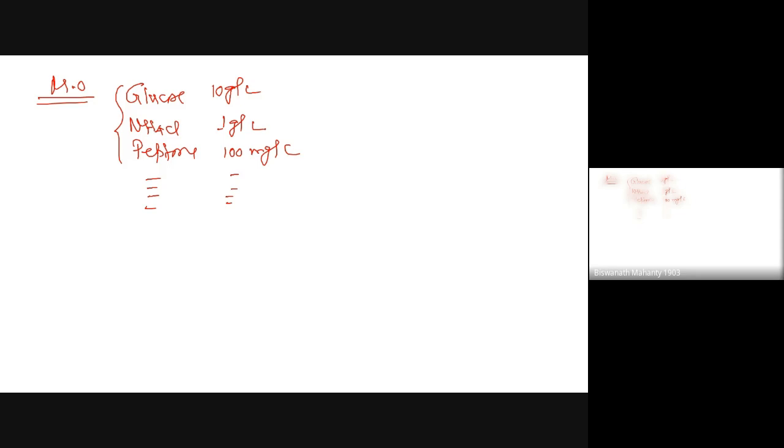We are growing some culture using this media, and after, for example, 24 hours, I am measuring how much biomass has grown. You can do that. For example, you start with a biomass of just 0.5 gram per liter. After 24 hours, I am getting some 7 gram per liter.